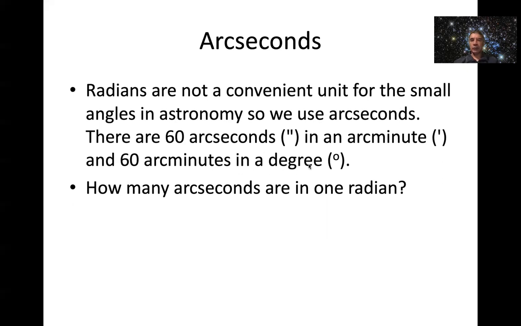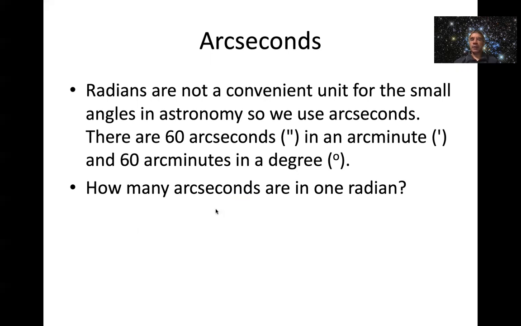So the degree is divided into 60 arc minutes. And then the arc minute itself is divided again into 60 arc seconds. Okay. So you can see that 1 arc second is 1/3600th of a degree. So that's quite small. And as we shall see, then that becomes quite a convenient unit to use for measuring angles in astronomy.